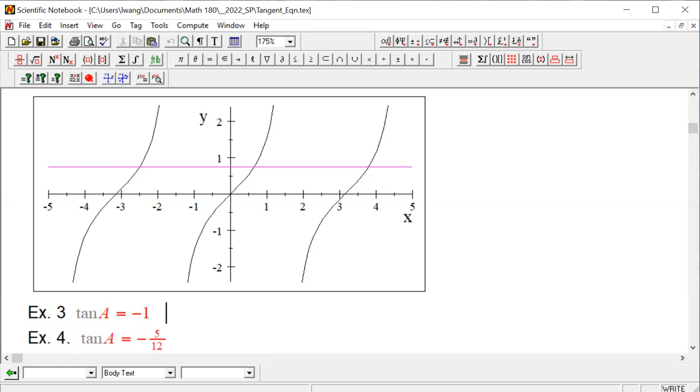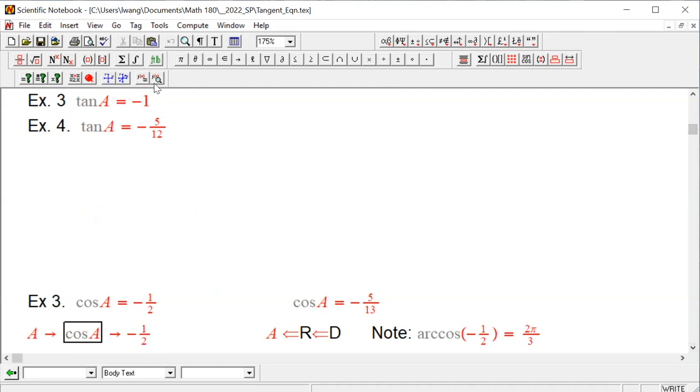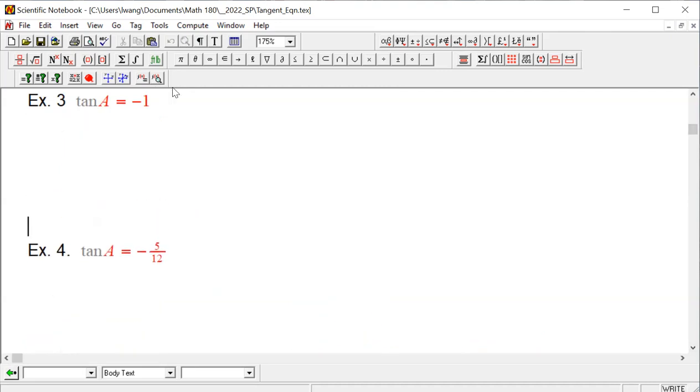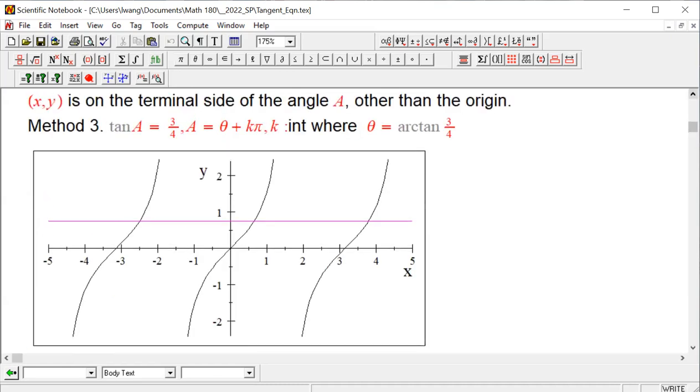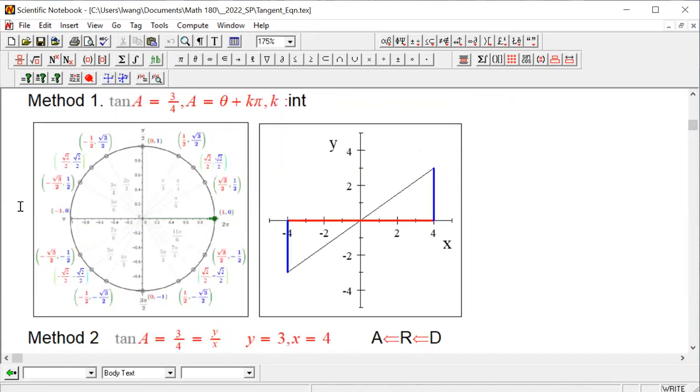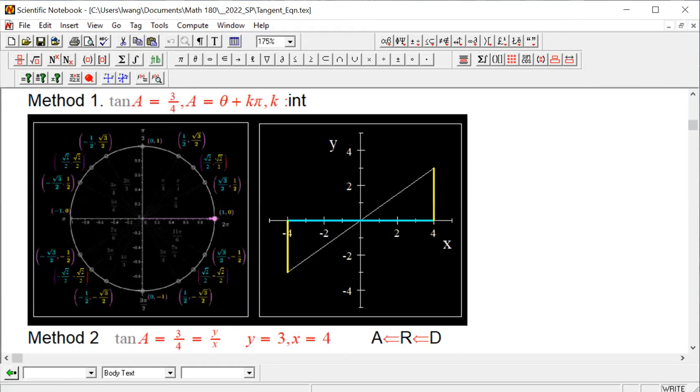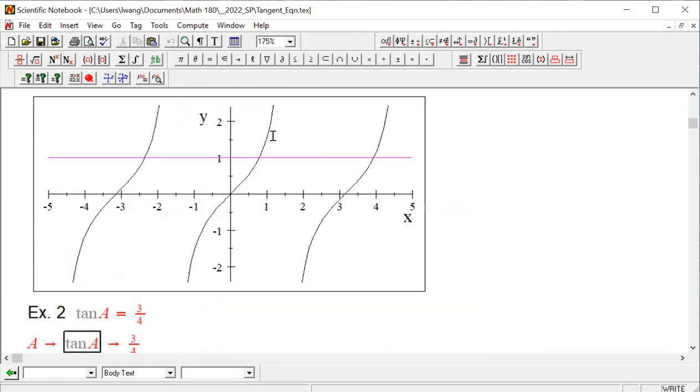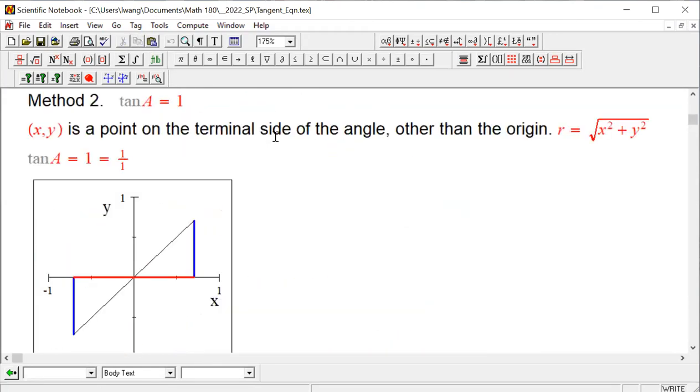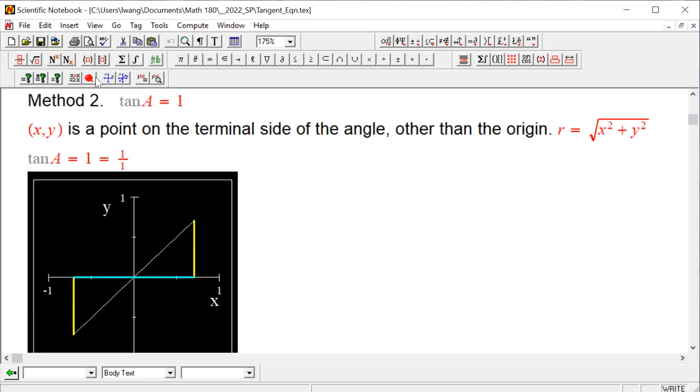So we're going to do them one by one. One is a special angle, so we're going to do the same thing. For special angle, here we did one special angle already, so we're going to put these two. No, not this one. This piece.